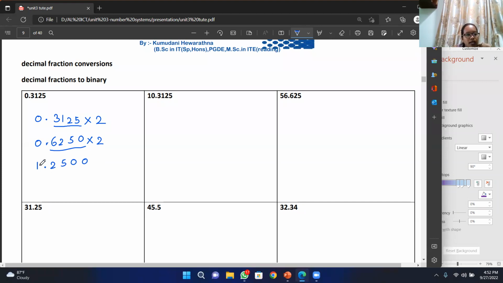Now what to do? Again, just omit the 1 here. Just omit the 1 and take only the fraction part. That is 0.2500, multiplied by 2. Don't consider 1 when you are multiplying.